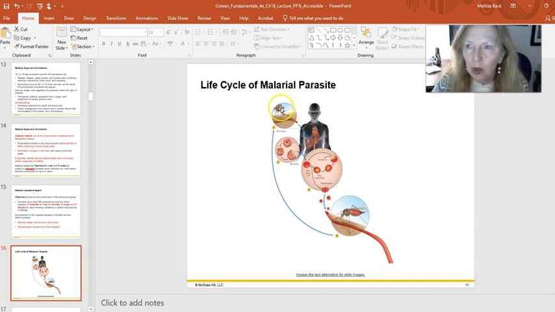Now, we can also try to keep the mosquito from biting humans. The ones that bite humans are the female Anopheles mosquitoes, and the females only feed at night. So if we can protect people at night from these female mosquitoes, that can help to limit the spread of these diseases, and this has been incredibly effective.